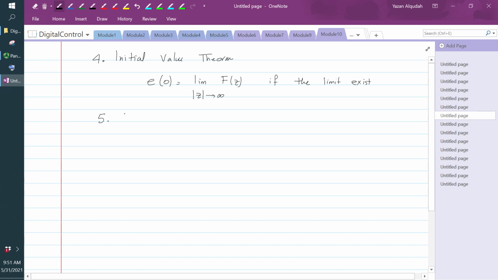Another property is the final value theorem.